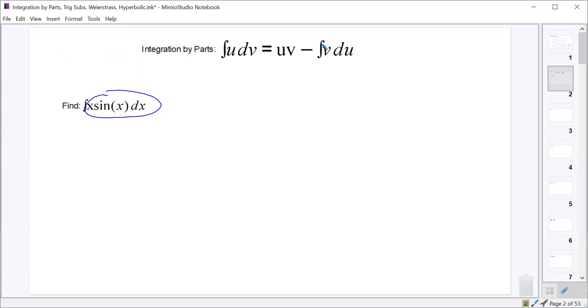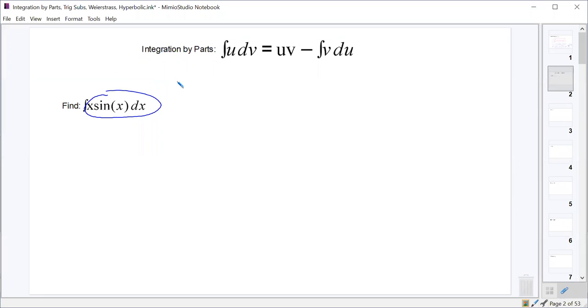Generally, whenever we do an integration by parts, you're going to want the dv term to be the most complicated thing within here that you can still take an integral of fairly easily. Okay. So what's the more complicated piece of x sine x that you can still take an integral of?